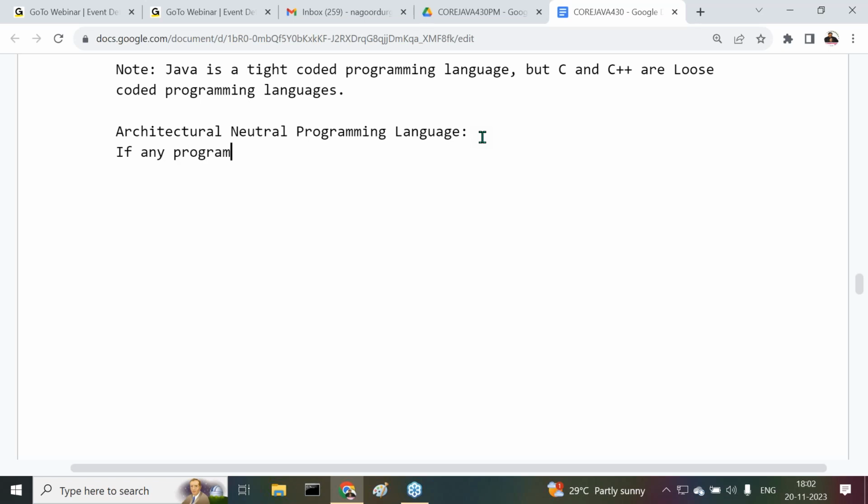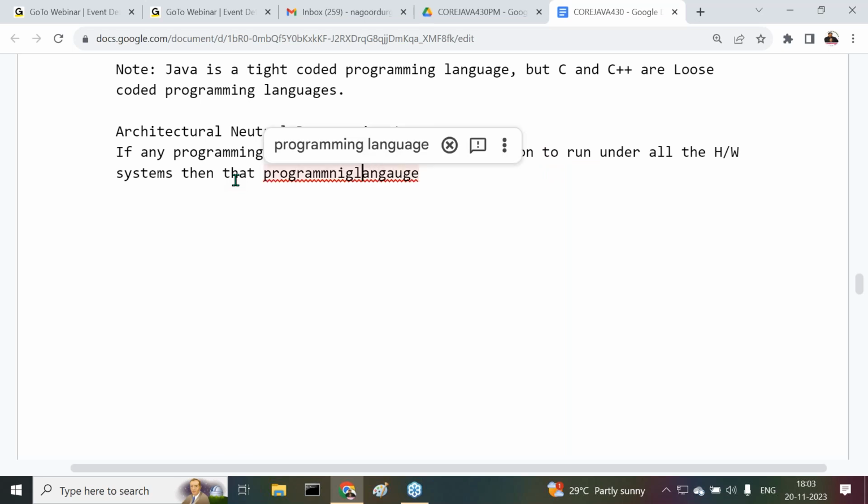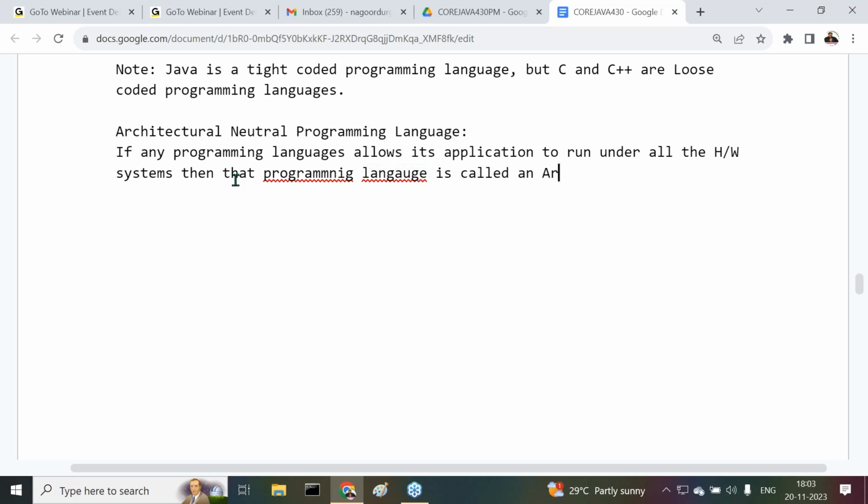If any programming language allows its applications to run under all the hardware systems, then that programming language is called an architectural neutral programming language.